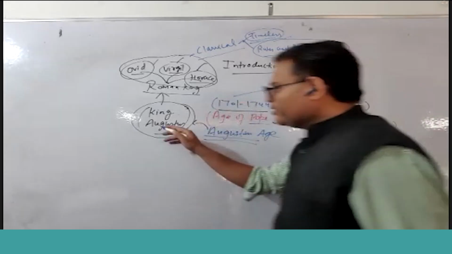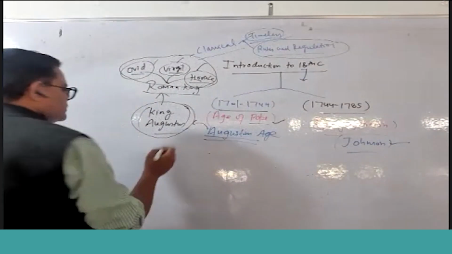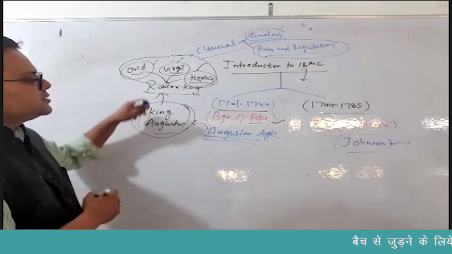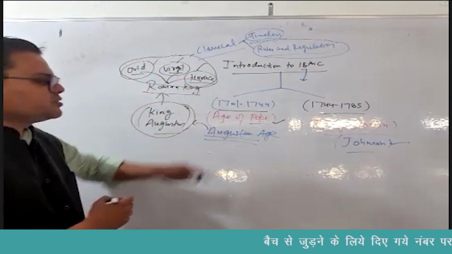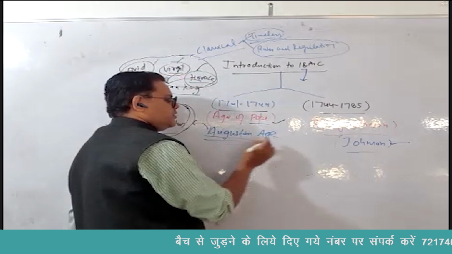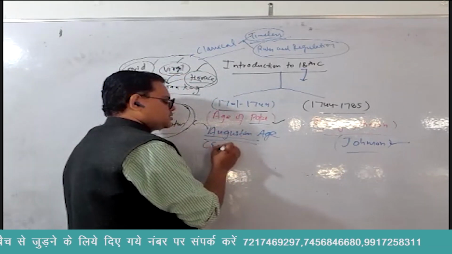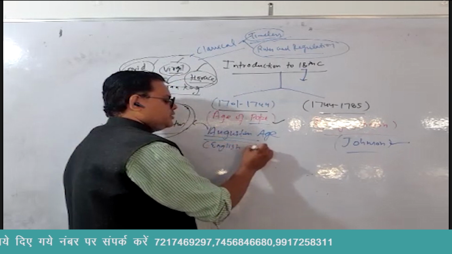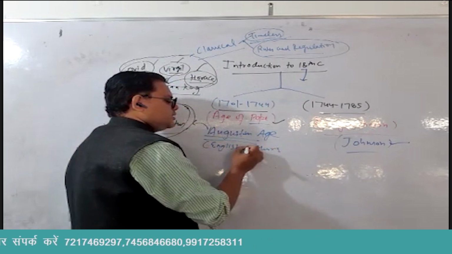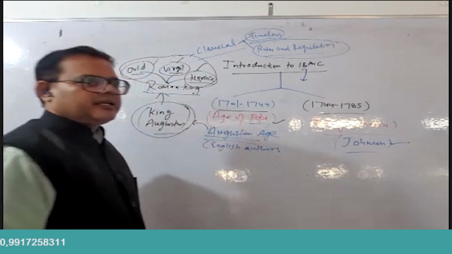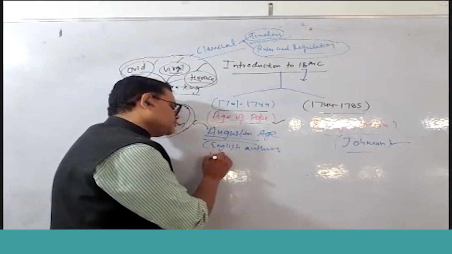So let's move on to this topic again. That's why the Augustan age was named, because these writers were imitated. You can write here, it was called Augustan age because English authors imitated the classical authors.